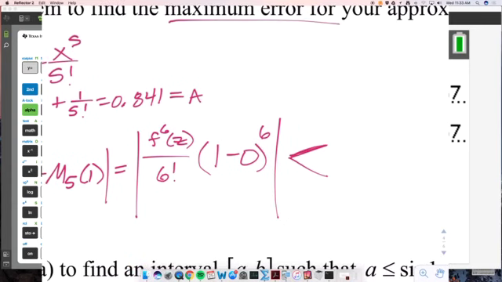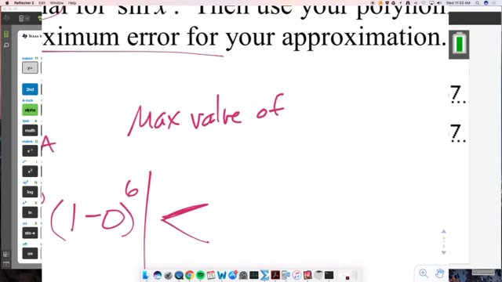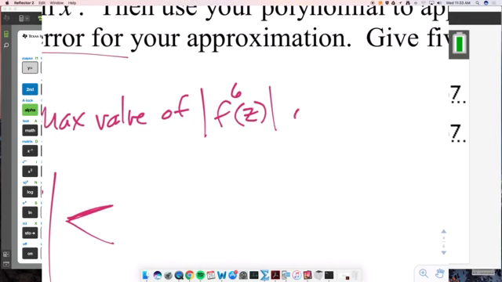So here's the thing. I can put less than now after that if I can find the maximum value of the absolute value of the 6th derivative. All right, so here's what it comes down to. I want to find the maximum value of the absolute value of the 6th derivative of sine of x on the interval between the center and the value of x we're approximating at.